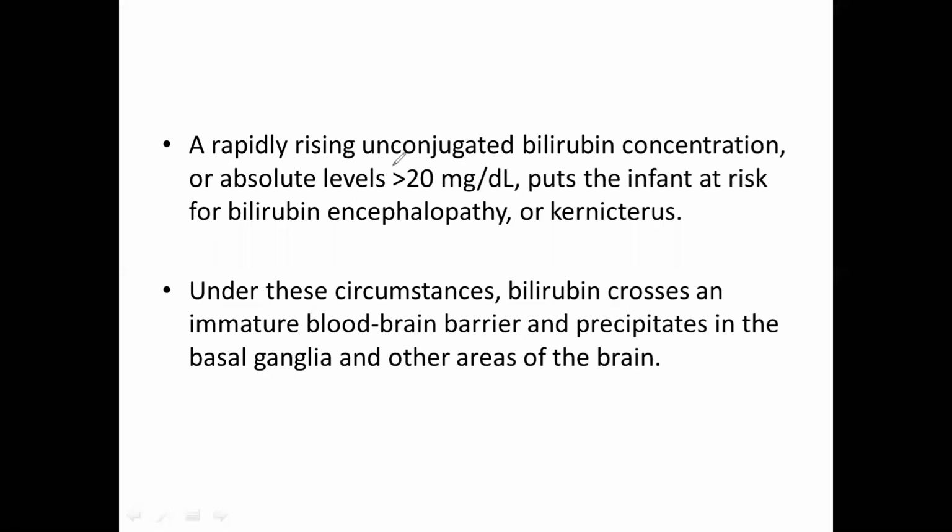A rapidly rising unconjugated bilirubin concentration, or absolute levels of more than 20 mg per dL, puts the infant at risk of bilirubin encephalopathy. That means on the second day the bilirubin level was 5, then it becomes 10, on the next day 12, and later on 15.